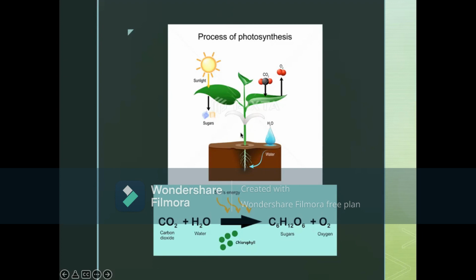Sometimes a stem may be able to store a lesser amount than the roots, however, it may store sugar as starch in the stem. So this is the process of photosynthesis as a whole, and these structures that we have discussed are all responsible in order to serve the process of photosynthesis.